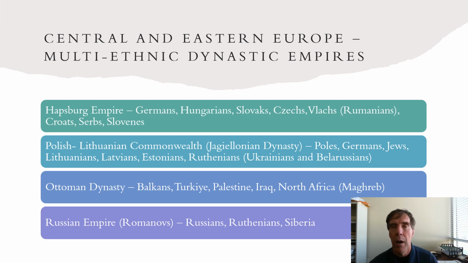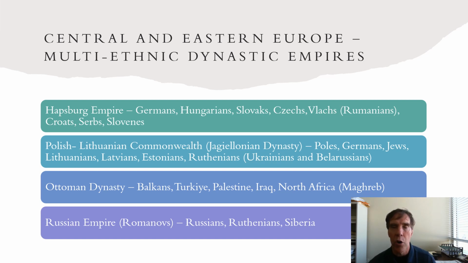So by the end of the 17th century, the Habsburg dynasty of Austria included Germans, Hungarians, Slavic peoples such as Slovaks, Czechs, Croats, Serbs, and Slovenes, and also Vlachs, who are known in modern times as Romanians. So it was a multi-ethnic empire that stretched across much of what is today Central Europe.